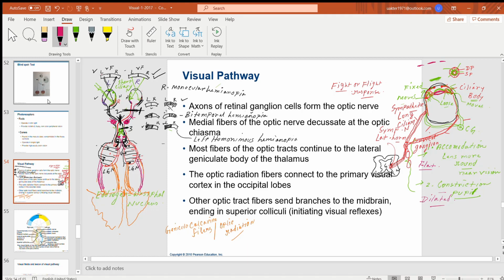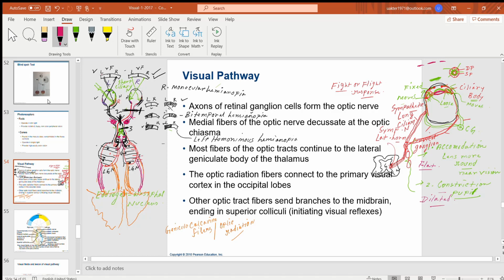Internal carotid aneurysm can cause that, and that pressure will cause damage to the temporal fibers coming from both eyes. So in this case, in both eyes, the nasal hemifield will be affected.